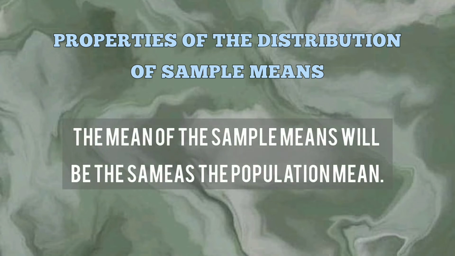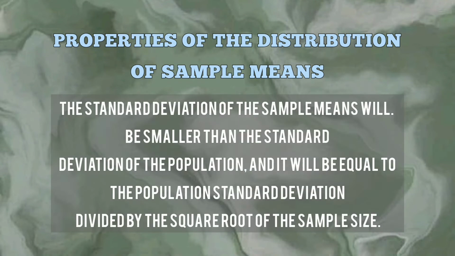The mean of the sample means will be the same as the population mean. Number 2. The standard deviation of the sample means will be smaller than the standard deviation of the population, and it will be equal to the population standard deviation divided by the square root of the sample size.